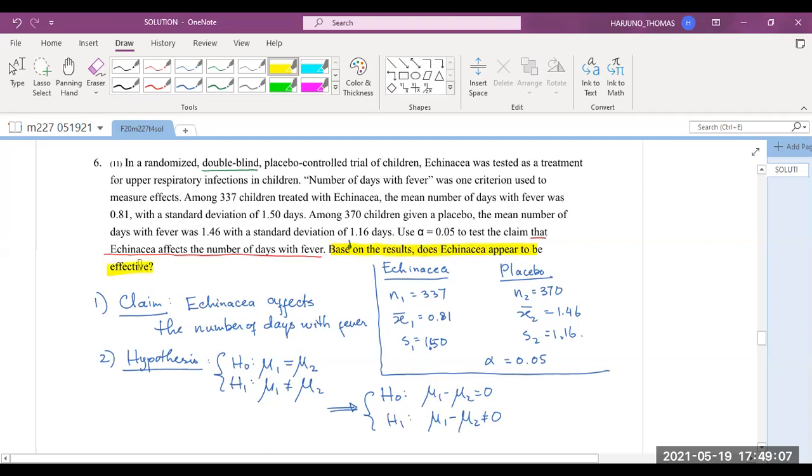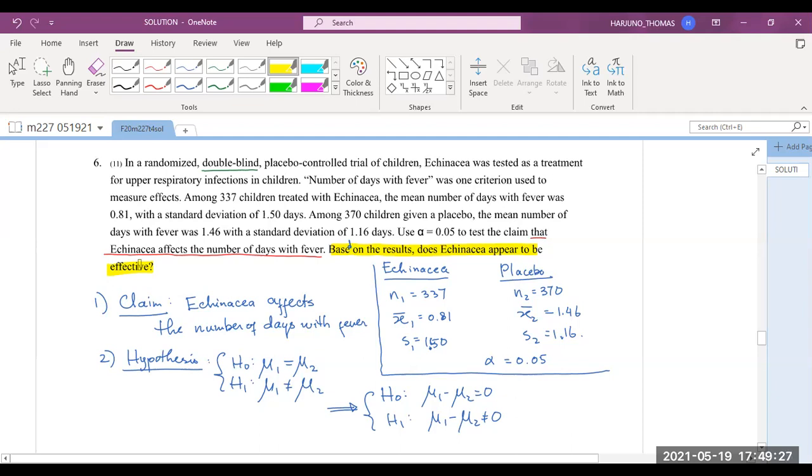When we say echinacea is effective, it means mu1 is less than mu2, the average days with fever is less than the average with placebo. Right? Those are actually two different questions.